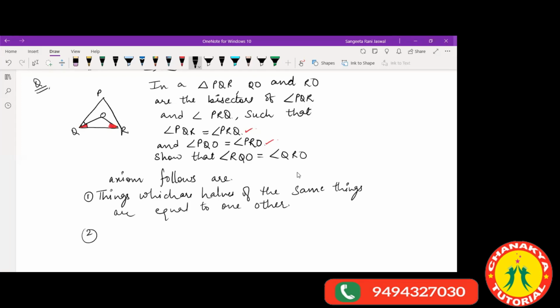What is that? If equals are subtracted from equals, the remainders are equal. Whenever you are asked like this, you have to write the axiom that follows.